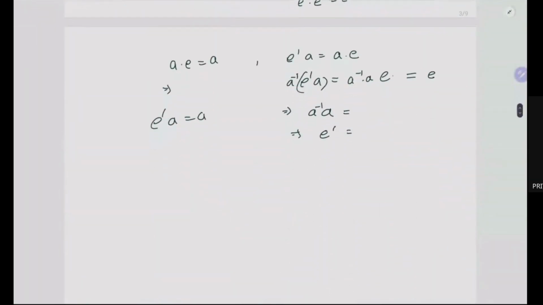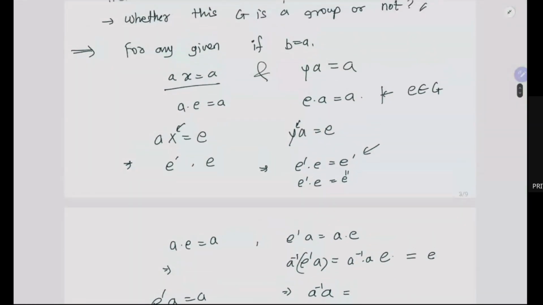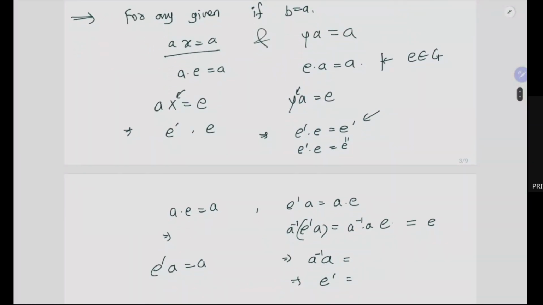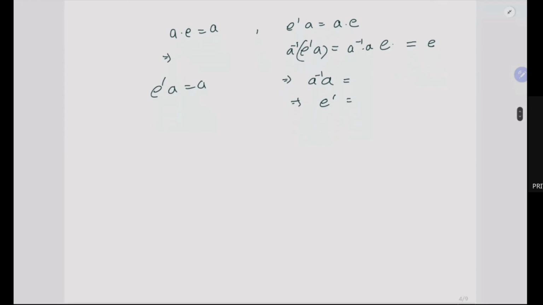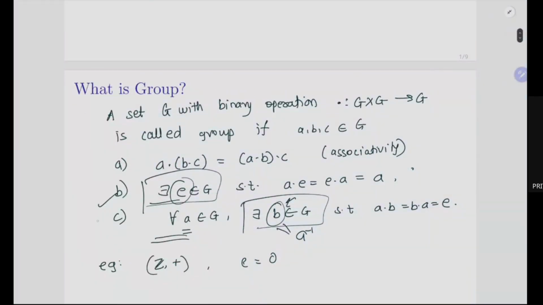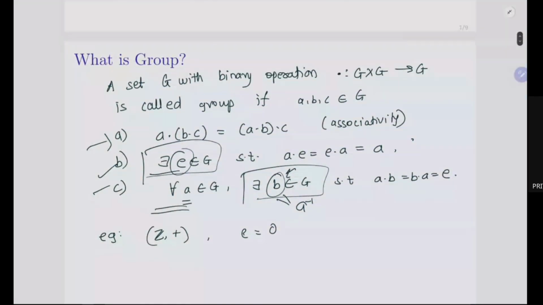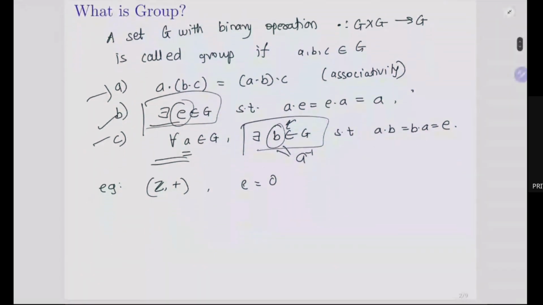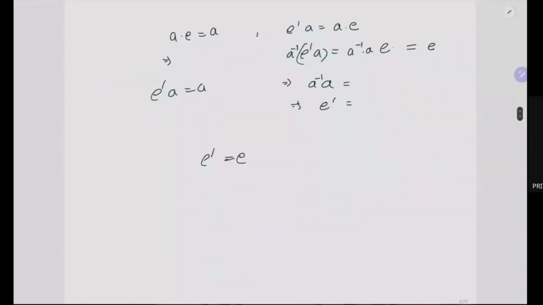And the remaining properties, which we use to prove E dash is equal to E in our normal sense of group theory, we can anyway prove using the normal group definition. Because once we have the existence of this identity and its inverse in the group, the rest is a routine thing.